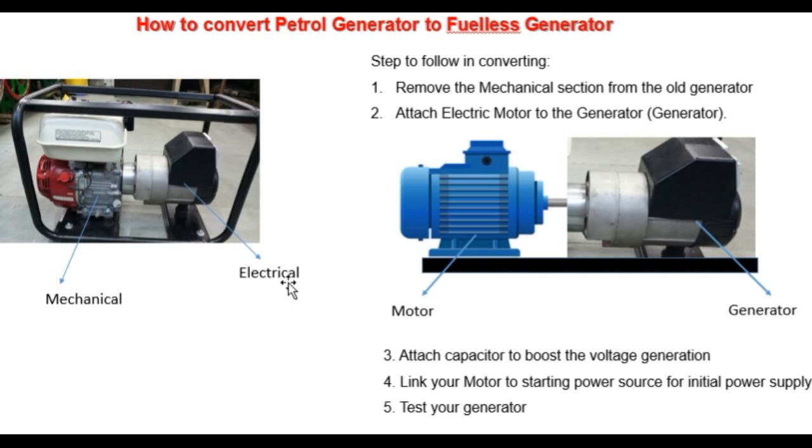No matter the generator, whether it's 20 kVA or 100 kVA or 200 kVA or even megawatt, whatever you call it, they must always have these two things in common, and that is what? The mechanical and the electrical.